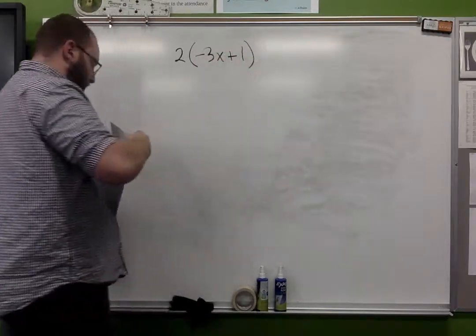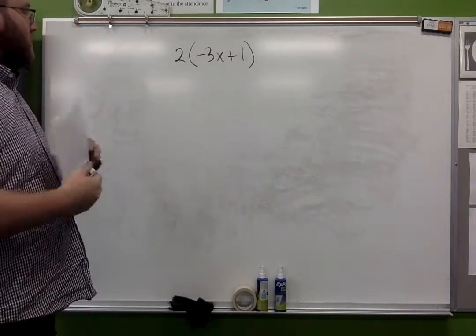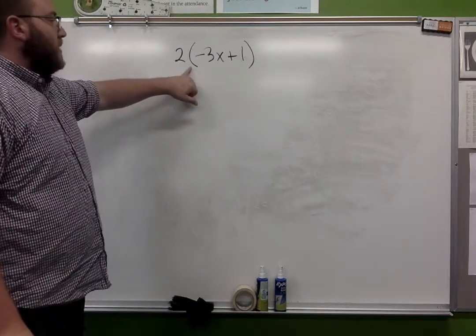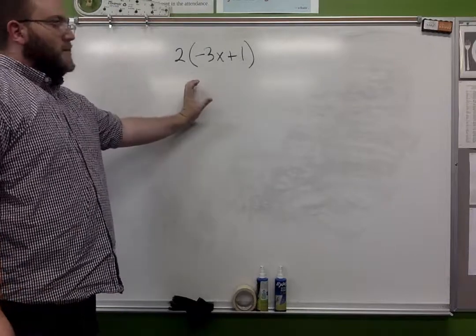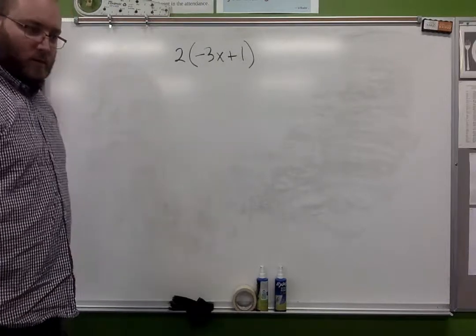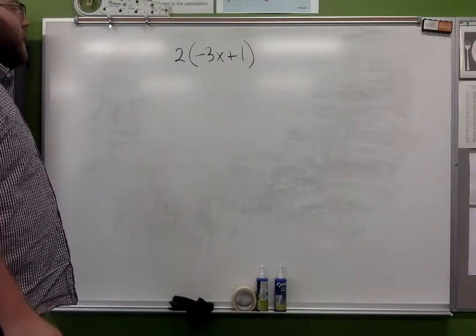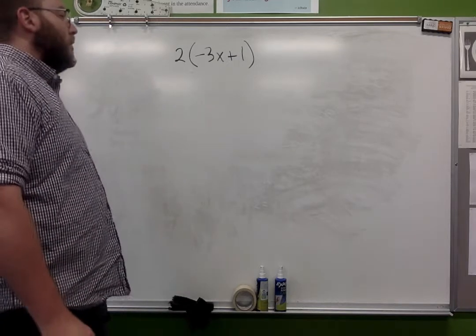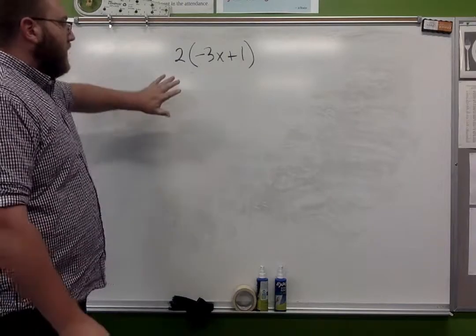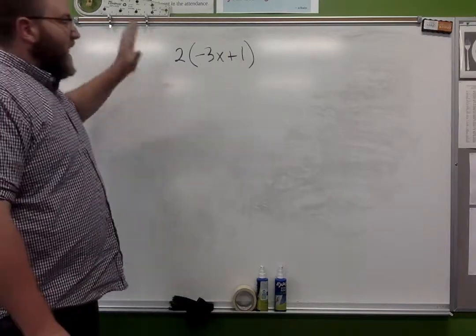All right. Now, first things first. Remember, when there's something touching the parentheses, it means multiply. So if I had parentheses times parentheses, it would be multiply those two polynomials together. Now, distribution, in its most basic wording, is multiply everything in the first polynomial times everything in the second.